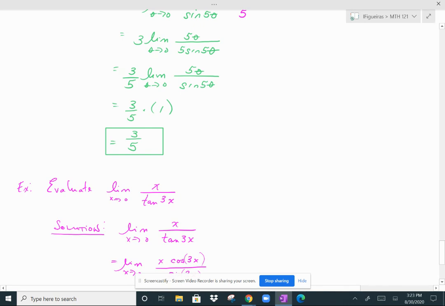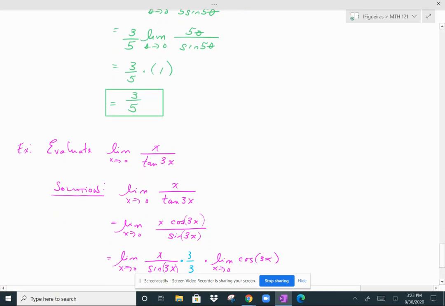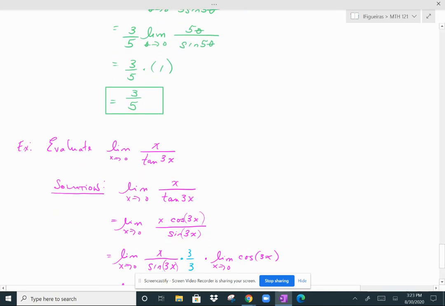So I need to find another way. So I'm going to use what I know about tangent. Tangent can get rewritten as sine over cosine. But tangent is in the denominator, which means it's basically cotangent. So I'm going to rewrite tangent as cosine over sine. So remember to keep the input as 3x.